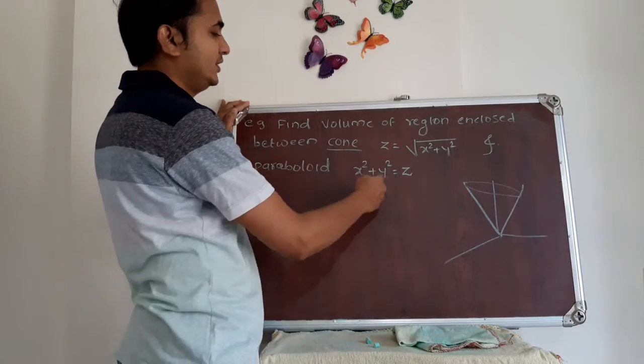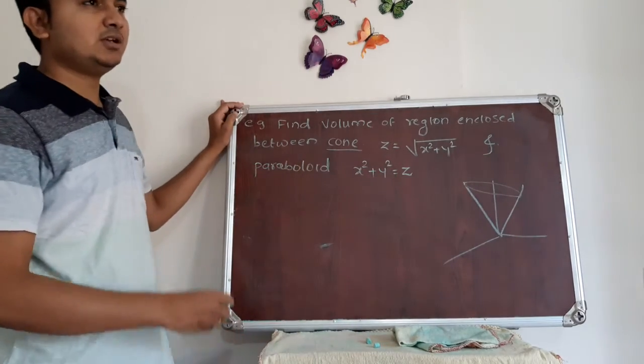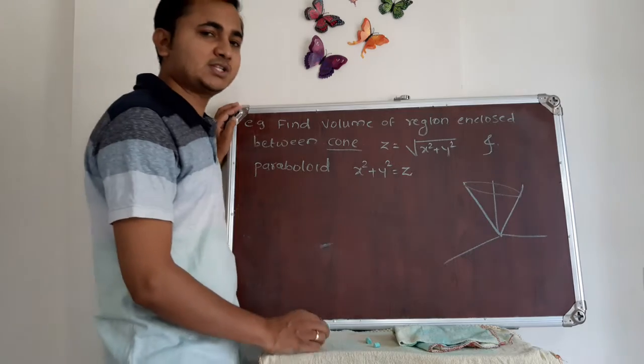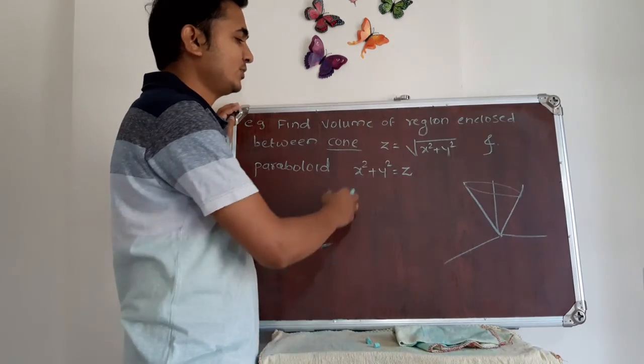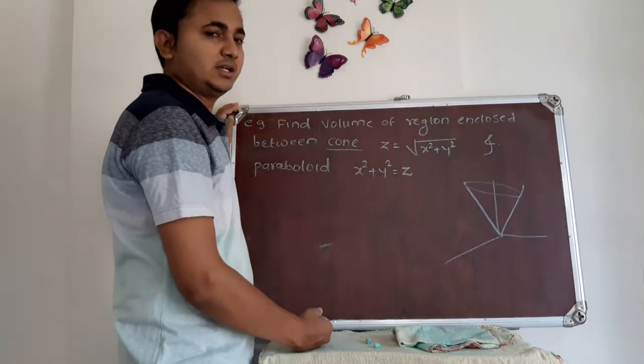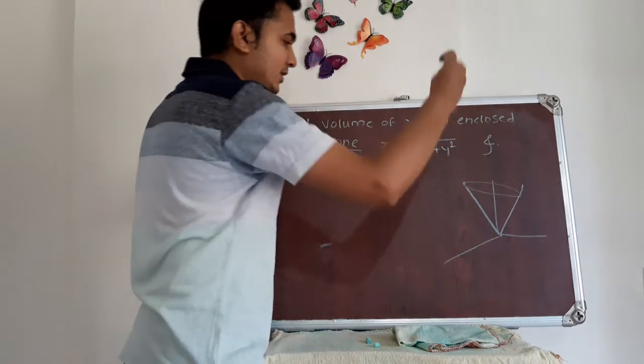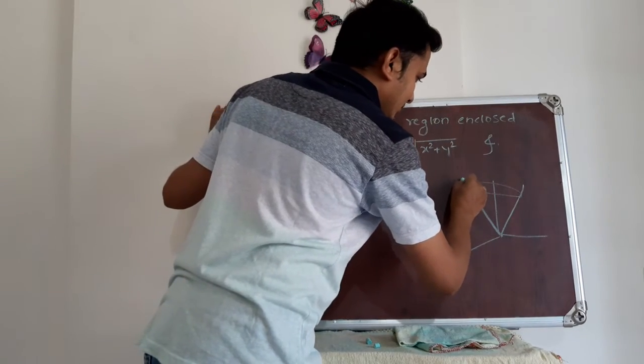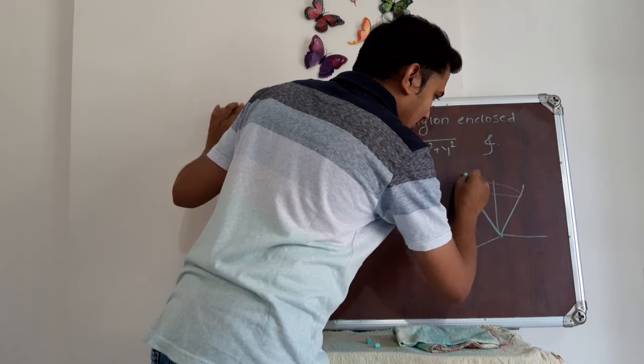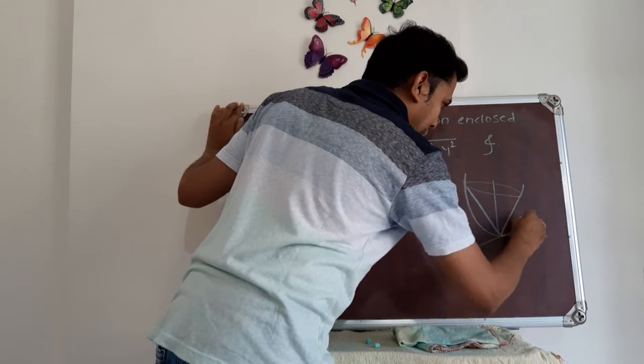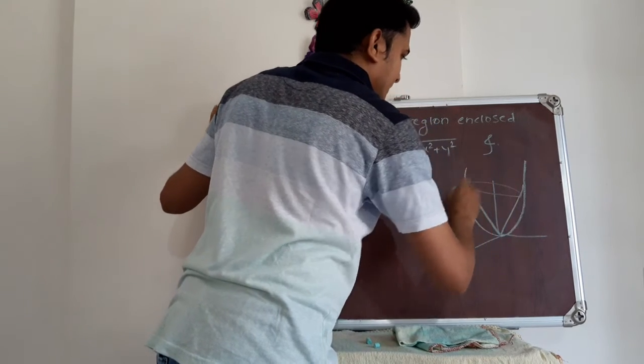And as in the two-dimensional case, y square equal to x is a parabola, here x square plus y square equal to z is a paraboloid. So it will be something like this.